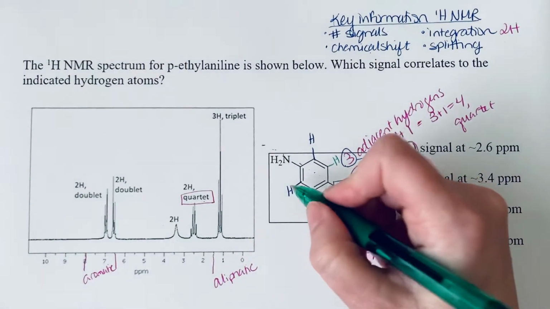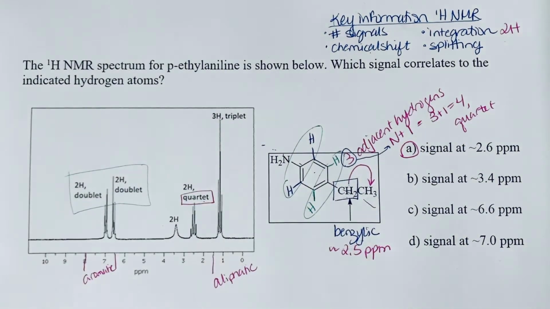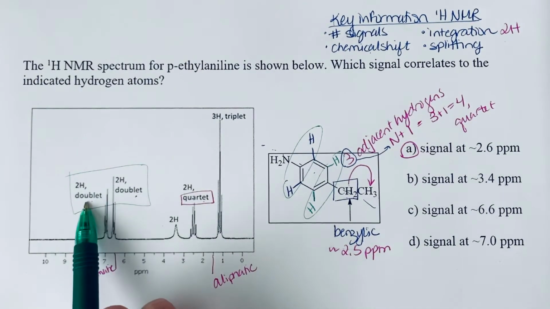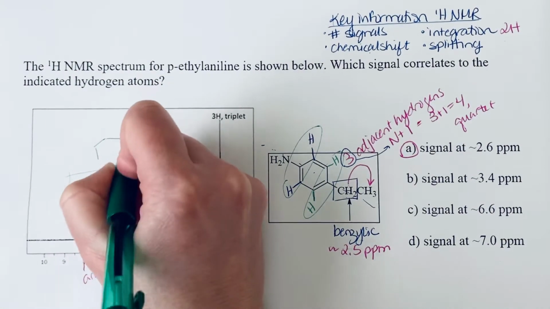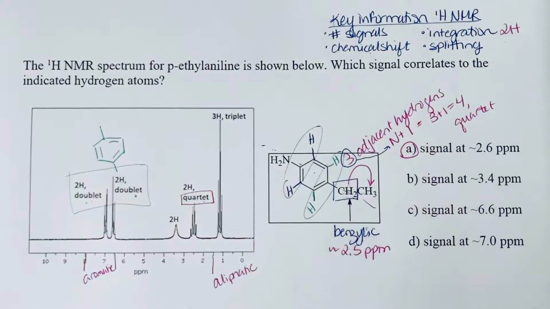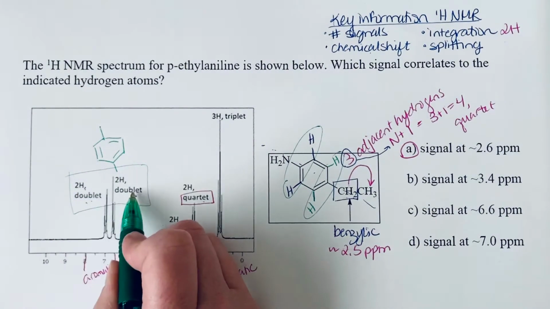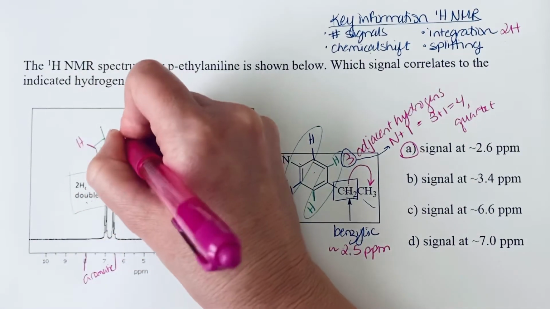So these are the 2 sets of protons that we're seeing here in the aromatic region. I want to point out that this sort of splitting pattern, a 2 hydrogen doublet and a 2 hydrogen doublet, is really indicative of a benzene ring that is substituted 1,4. That 2 hydrogen doublet often happens when you have this 1,4 pattern.